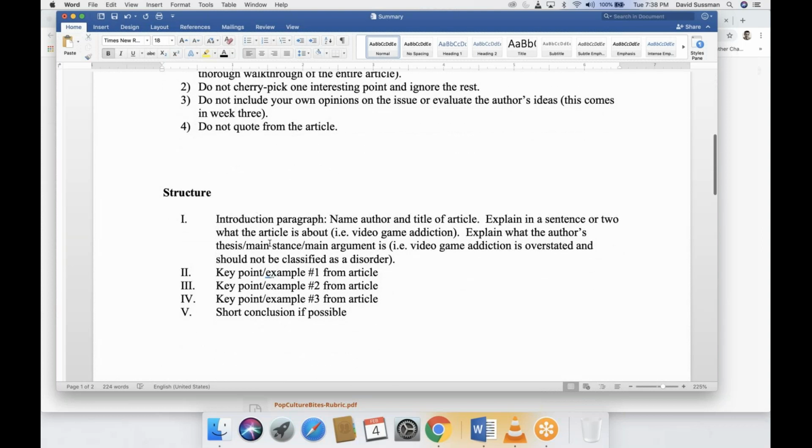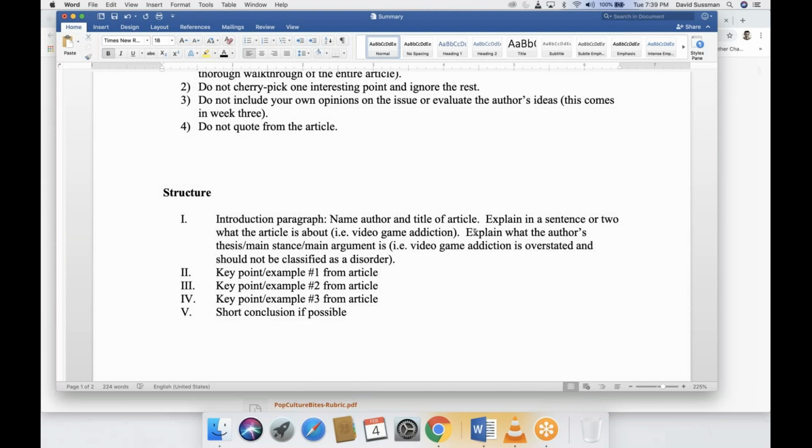And here's the structure you can follow. Again, you can take a screenshot, you can jot down notes, or you can just go to this part of the lecture after the recording is up and freeze the frame here. Each Roman numeral here represents a separate paragraph. First you'll have an introduction paragraph where you name the author and the title, possibly. Explain in a sentence or two what the article is about, for example, video game addiction.